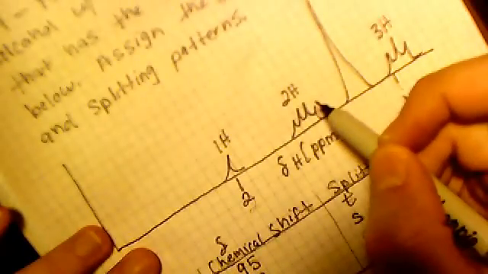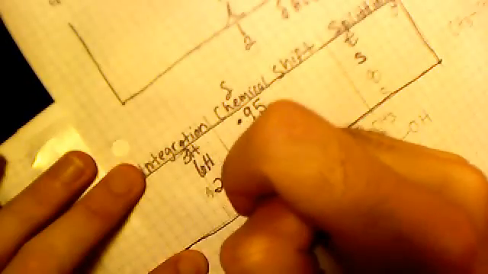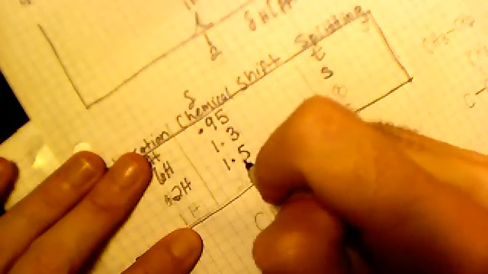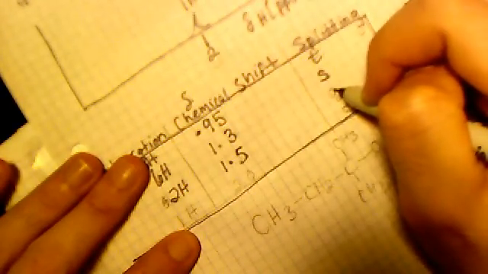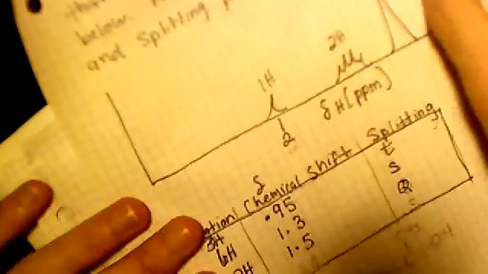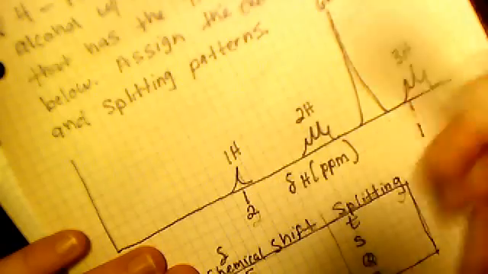The two hydrogens, the integration is two hydrogens, their chemical shift was 1.5, and it was broken up into a quartet, 1, 2, 3, 4 peaks. And finally, the one hydrogen right here, integration 1 hydrogen, chemical shift was 2.0, and it's a singlet right there.